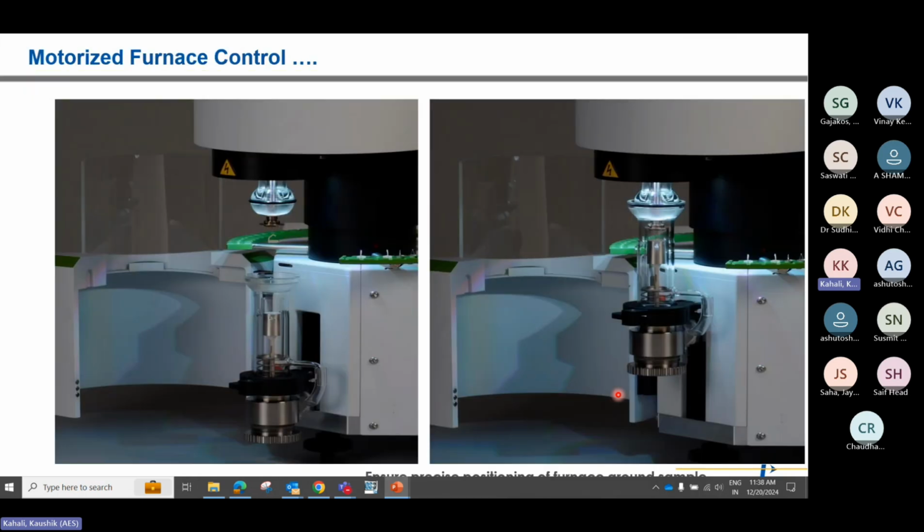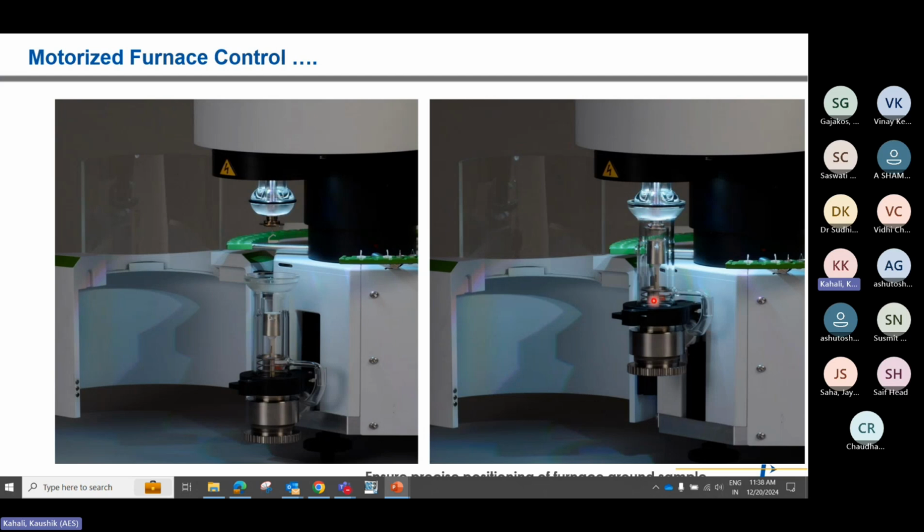And this is the motorized furnace control that you are using already. You have also seen that when you are opening, it is continuous. While closing the furnace, the furnace first goes some extent, rests for a few seconds, then closes completely.